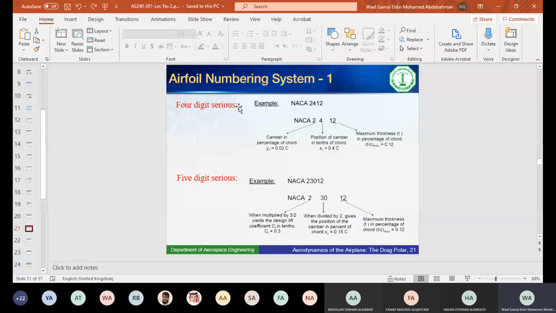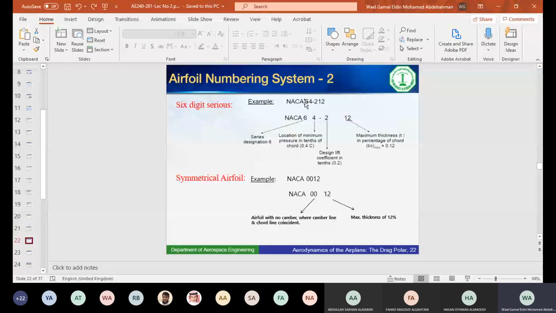So we have a 4-digit series family of airfoils by NACA. Then we have the 5-digit series because it has 5 digits. Then we have the 60 series. It's not 6-digit, it's 60 because it starts with 60-something, 62, 63, 64. And then we have what we call the symmetric or biconvex families.